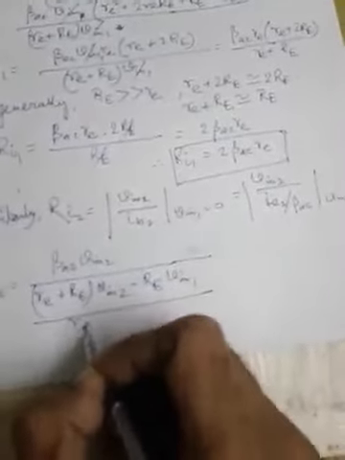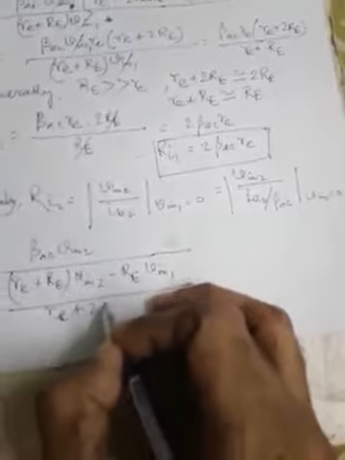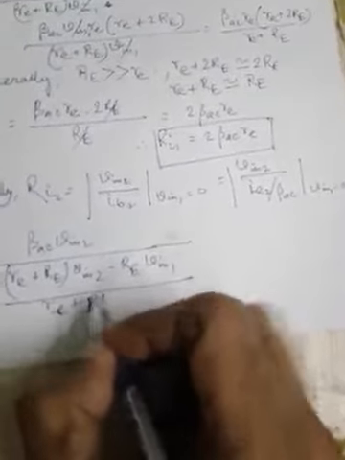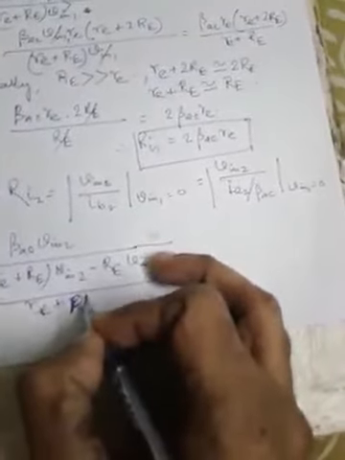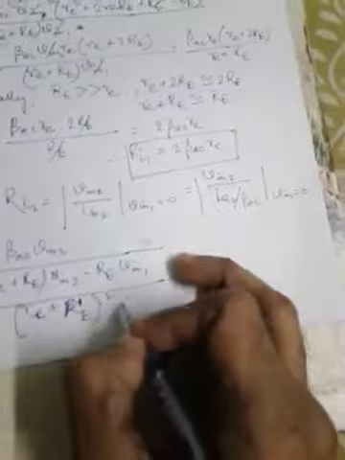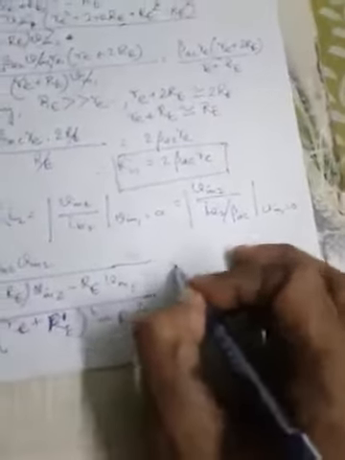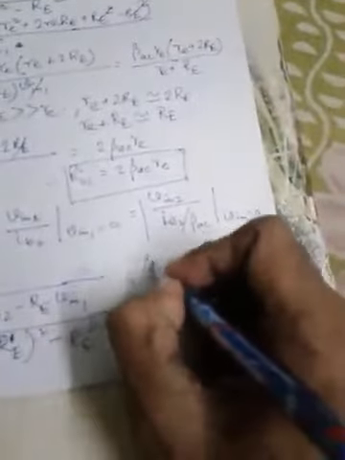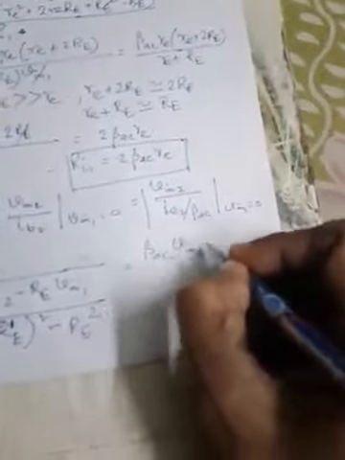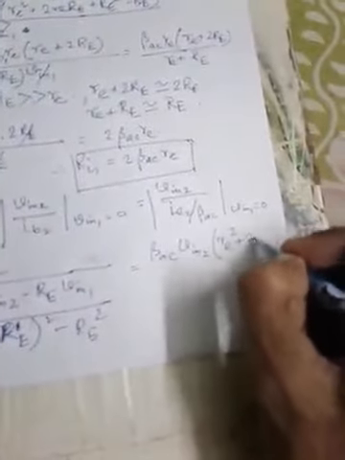Obviously this term will vanish because V in 1 is 0, divided by RE plus capital RE whole square minus RE square, and this will give us beta AC V in, within bracket, this RE square will be cancelled out, small re square plus 2 small re capital RE in the numerator divided by, this term will be 0, RE plus RE into V in.